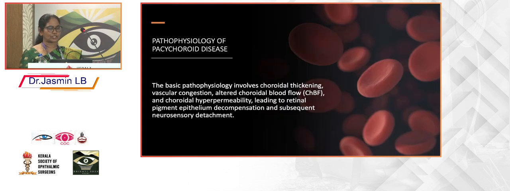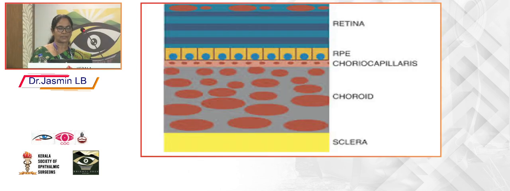This is the pathophysiology. The basic pathophysiology involves choroidal thickening, vascular congestion, altered choroidal blood flow, and choroidal hyperpermeability leading to retinal pigment epithelial decompensation and subsequent neurosensory detachment. This is the anatomy showing the choroid and retina.